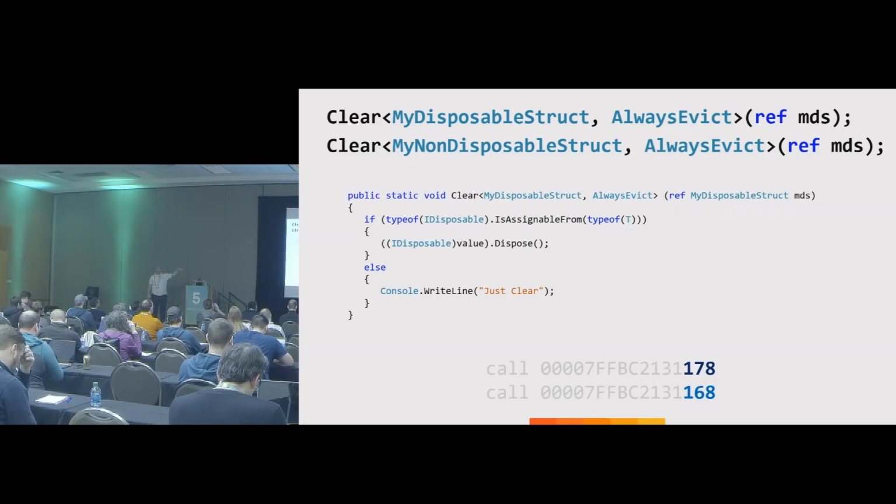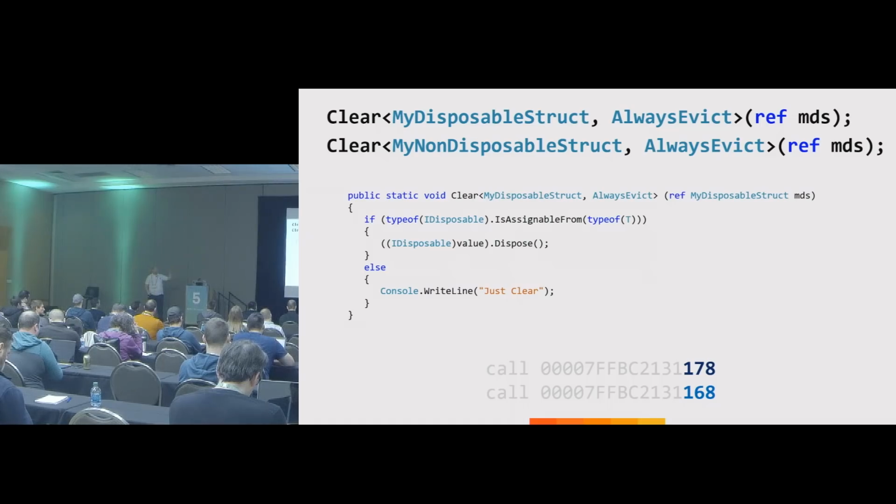While this is interesting in itself, it means that the just-in-time compiler is actually building different code for each one of those structs.